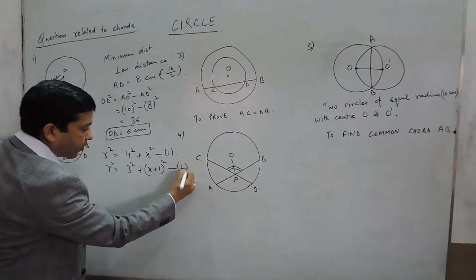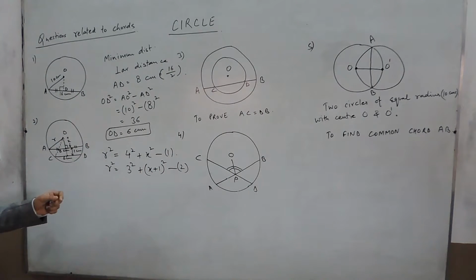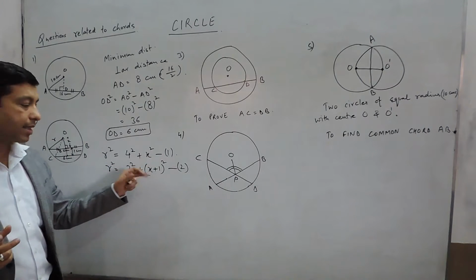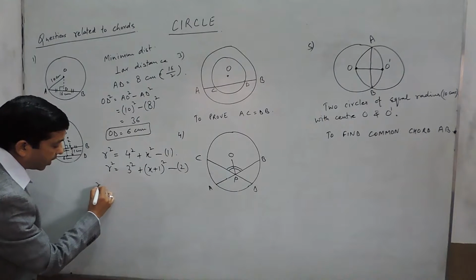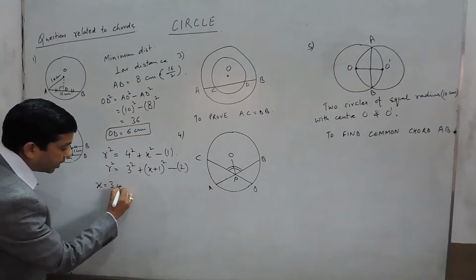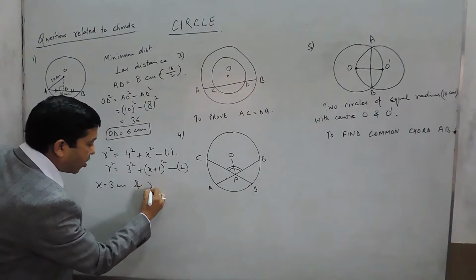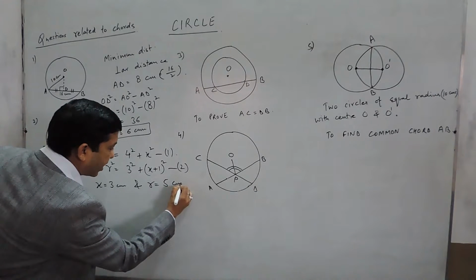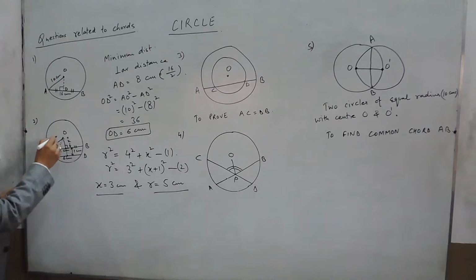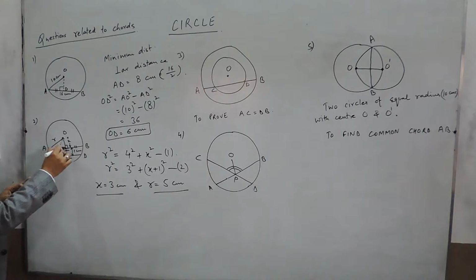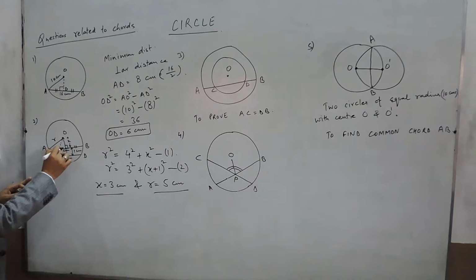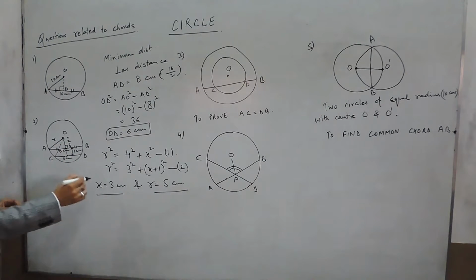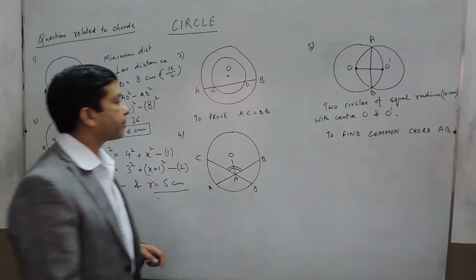As there are two variables, r and x, and two equations, we can solve it. After solving, the value of x comes out to be 3 centimeters and the value of the radius comes out to be 5 centimeters. So the radius here is 5 centimeters and x, the distance from the center to the larger chord, is 3 centimeters. So these are the answers for this question.